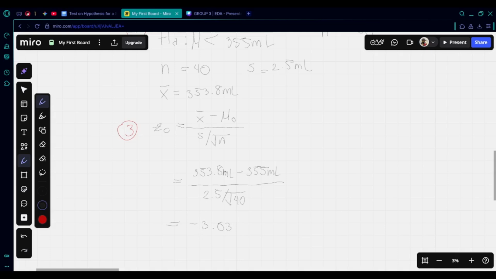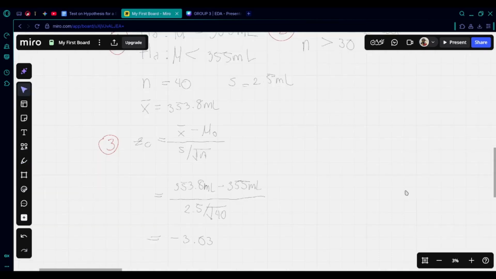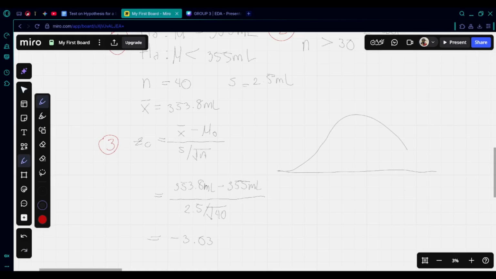So we have calculated Z, and based sa ating given, the computed, we will use the negative Z table, and based din sa ating null and alternative hypothesis, we will use a left tail test. So ayan, and this is our shaded region.